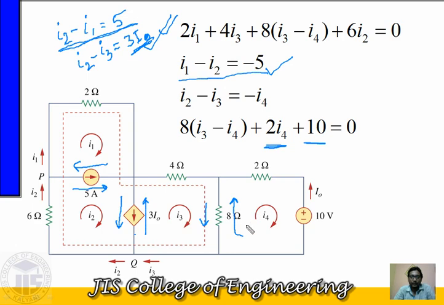So through this 8 ohm resistance, the total current down to up is I4, and the current up to down is I3. So obviously you have to write (I4 minus I3) into 8 is equal to 0.